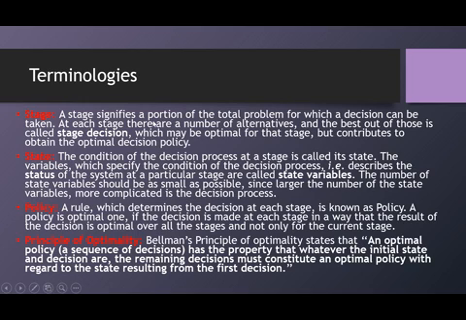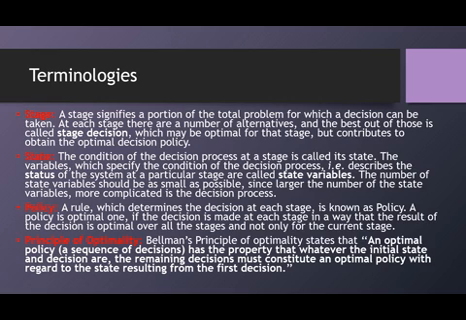At each stage, there are a number of alternatives, and the best out of those is called the stage decision, which may be optimal for that stage, but contributes to obtaining the optimal decision policy. See, for every stage, you can have multiple solutions available. A set of possible solutions are available.